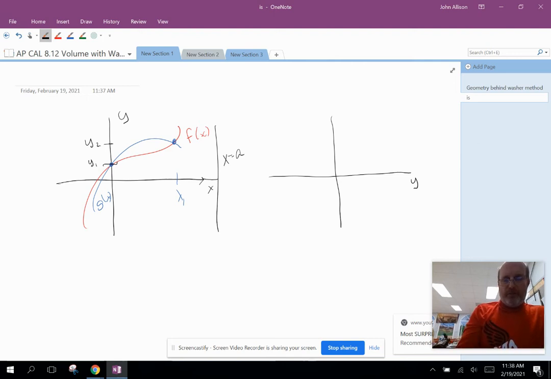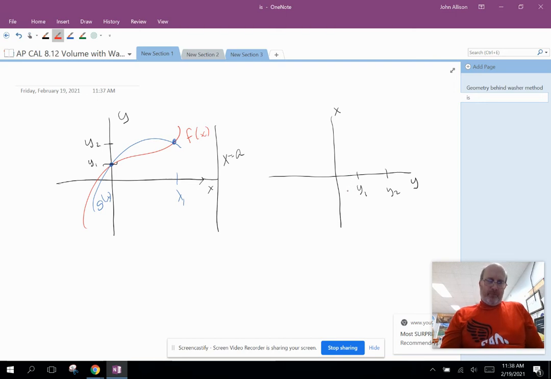When I invert that, solve the equations for the respective functions for x, and we change the x and y axes, this is going to look like y1 and y2. It's going to intersect at x equals 0.